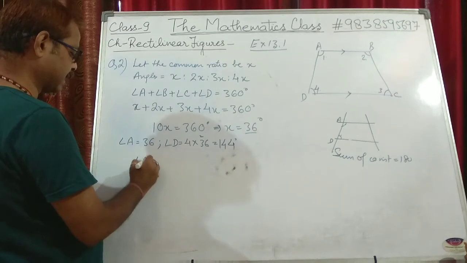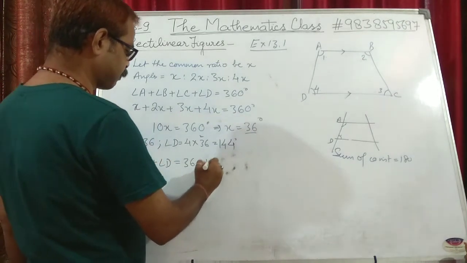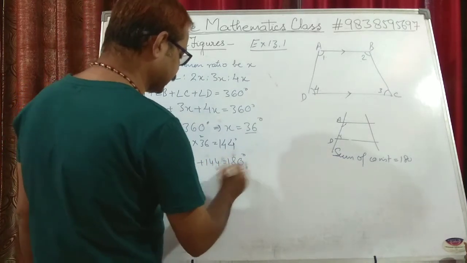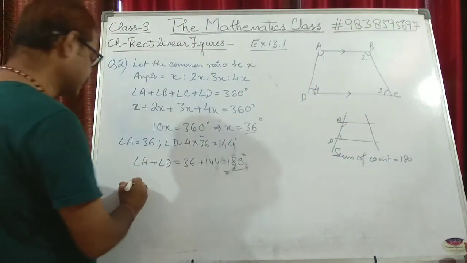Now let's see, angle A plus angle D is equal to 36 plus 144, that will be 180 degrees. We got the sum of A plus D as 180 degrees.